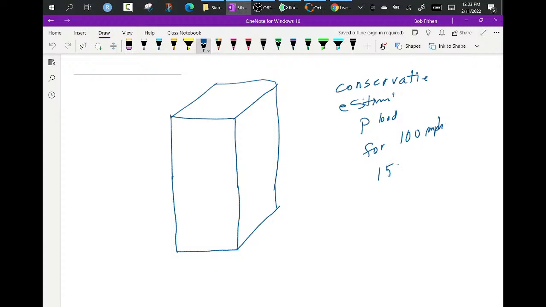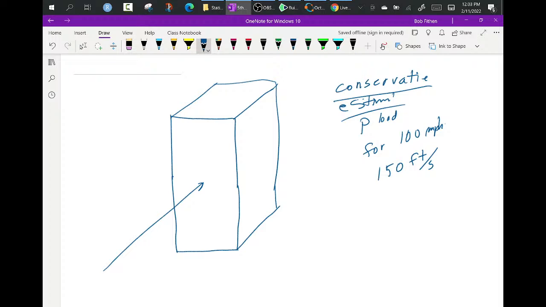That's about 150 feet per second, so we'll just say it's 150 feet per second. So with winds blowing straight at this thing, what's a conservative estimate? What I mean is, what's the maximum load?